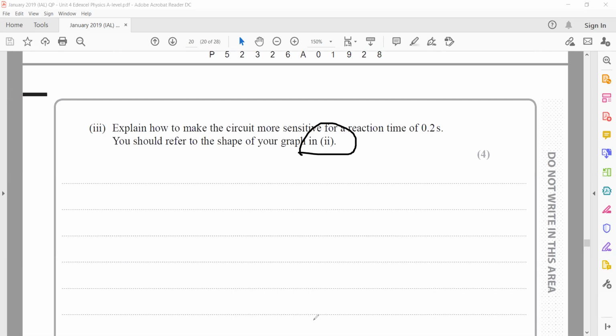So what can we do to make it more sensitive? To make it more sensitive, we will increase the resistance. We need a greater change in potential for a given change in time.